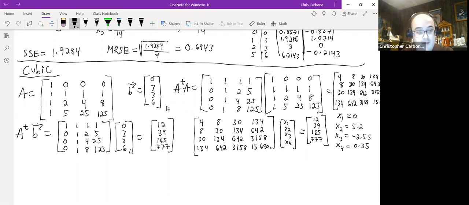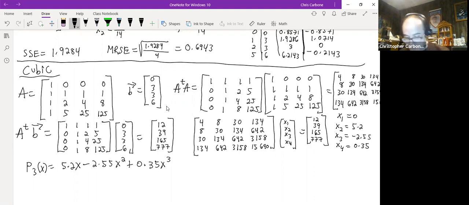So, because of that, the cubic polynomial of best fit that we have, I'm going to denote as P sub 3 of x. That is 5.2 times x. Now note, because x sub 1 is 0, I am not going to bother writing that in the formula, since we don't have an intercept. 5.2 times x minus 2.55x squared plus 0.35x cubed.